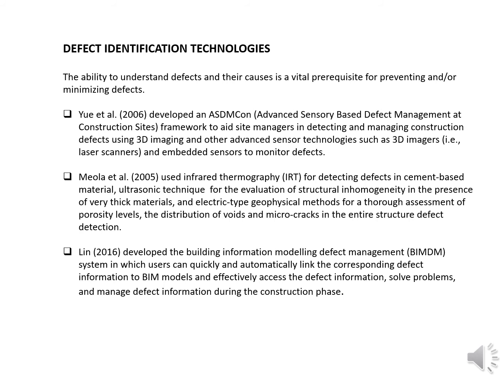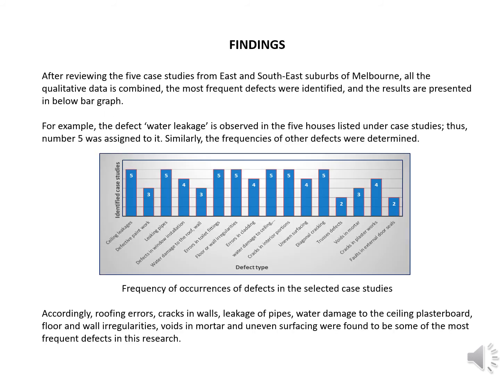defect management. After reviewing the 5 case studies from east and southeast suburbs of Melbourne, all the qualitative data is combined. The most frequent defects were identified and the results are presented in the below bar graph. For example, the defect like water leakage is observed in 5 houses listed under case studies.